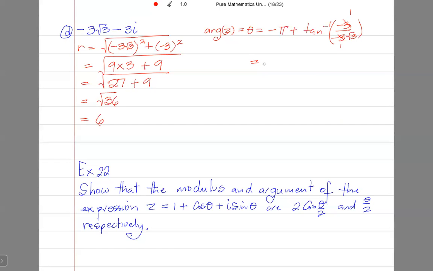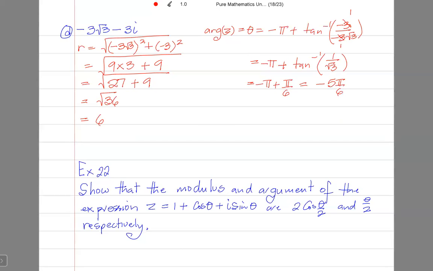So this becomes minus pi plus tan inverse 1 over root 3, because a negative divided by a negative is a positive. The tan of which angle is 1 over root 3? That is 30 degrees, which is pi by 6. So this is minus pi plus pi by 6, which is minus 5 pi by 6.